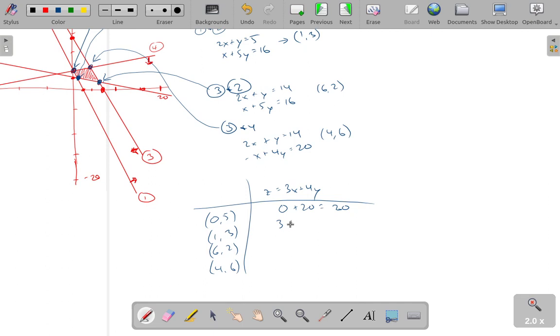Alright, so we got 3 plus 12 is 15. 18 plus 8, which is 26. And lastly, 12 plus 24, which is 36. So our maximum is right here. Looks like our minimum is right here.